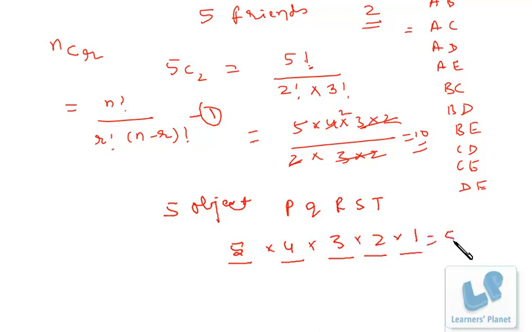So this is 5 factorial, that we have already done in our previous session, the principle of counting we were using. So 5 objects can be arranged in 5 factorial ways at 5 places, right? That means n objects can be arranged at n places in n factorial ways. So it's n factorial ways to arrange n objects at n places, right?